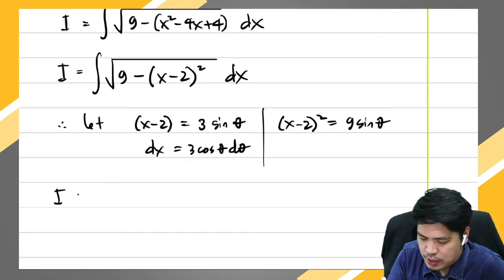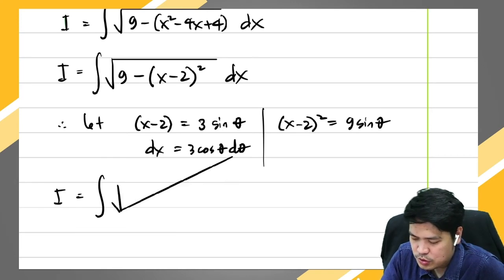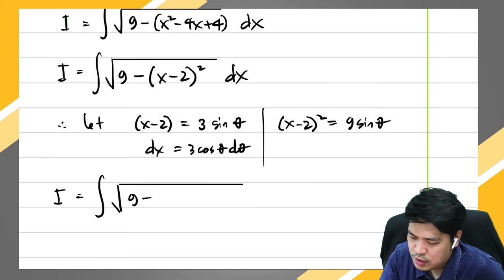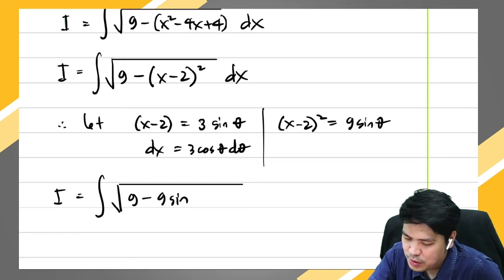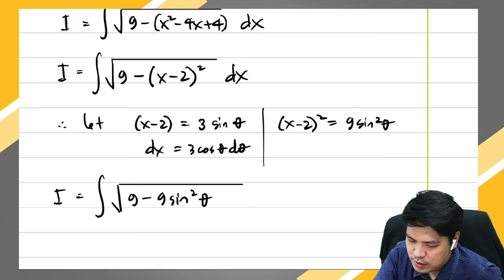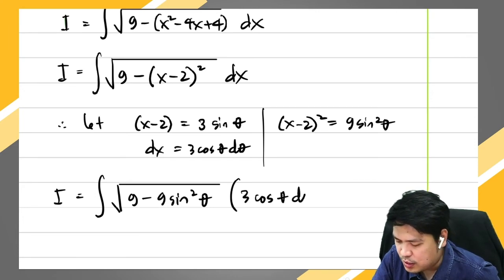So therefore we'll have I is equal to the integral of the square root of 9 minus 9 sine squared theta, times dx, which is 3 cosine theta d theta.